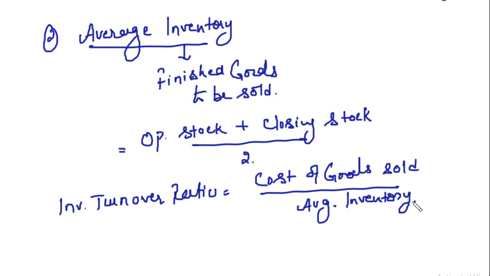So friends, this is about the inventory turnover ratios. Be careful about the cost of goods sold calculation. That is the only technical point here. But if you have understood the logic that why we calculate the inventory turnover ratio, then it won't be difficult. What you should know is the purpose why we are calculating that ratio.